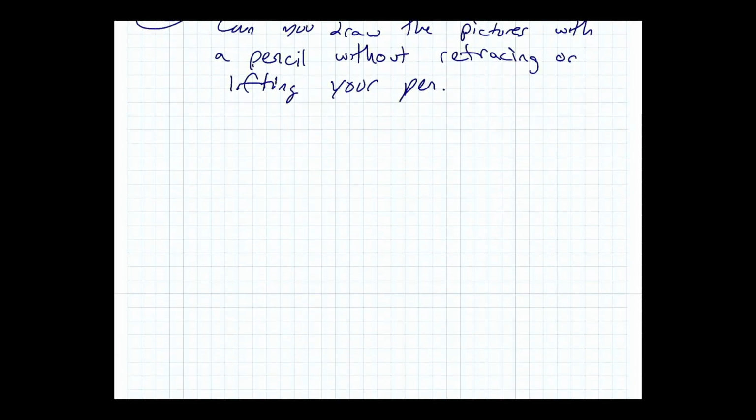So for example, here's a picture that you can draw without lifting your pen, right? Because I just did it without lifting my pen. And the point is that when I drew it, first of all, I started here, I ended here, right? Because I went like this. And I did not end where I started.